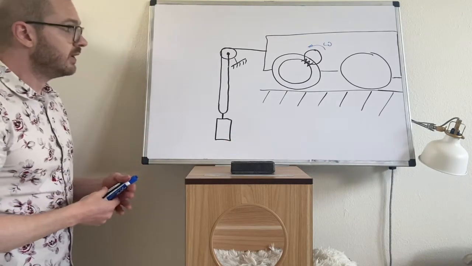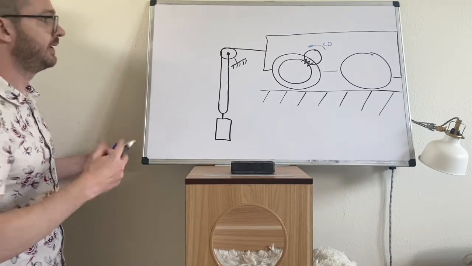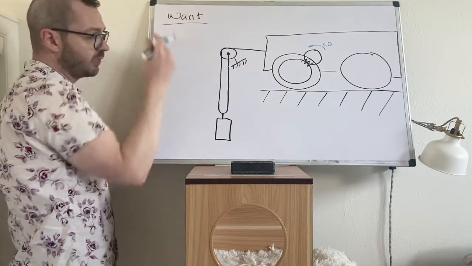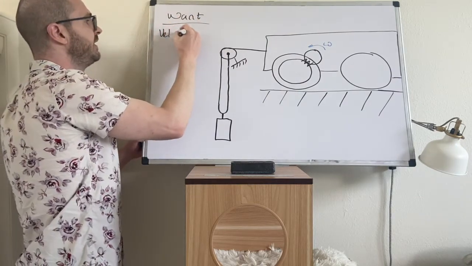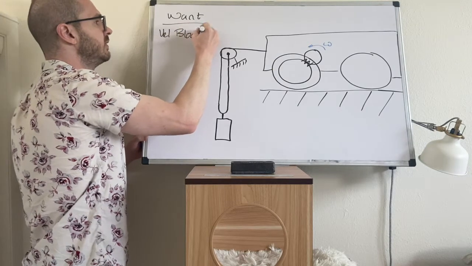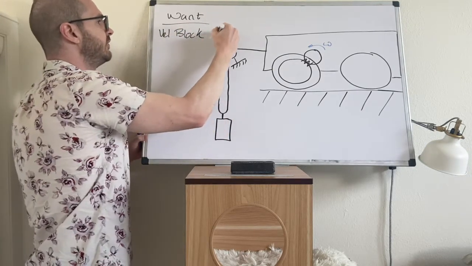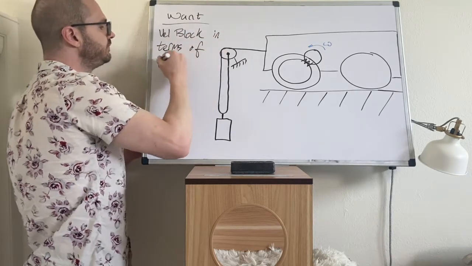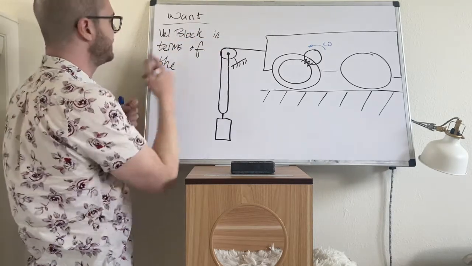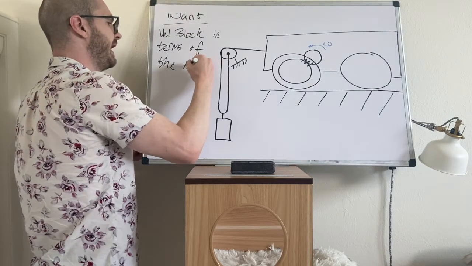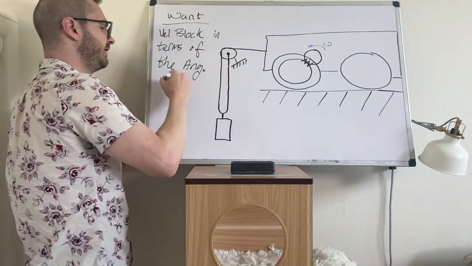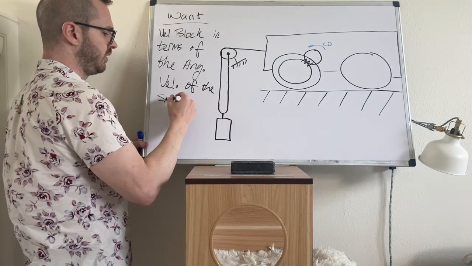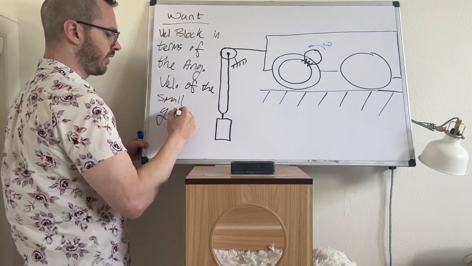Okay. So what do we want out of this problem? Let's say that we want the velocity of the block in terms of the angular velocity of the small gear.